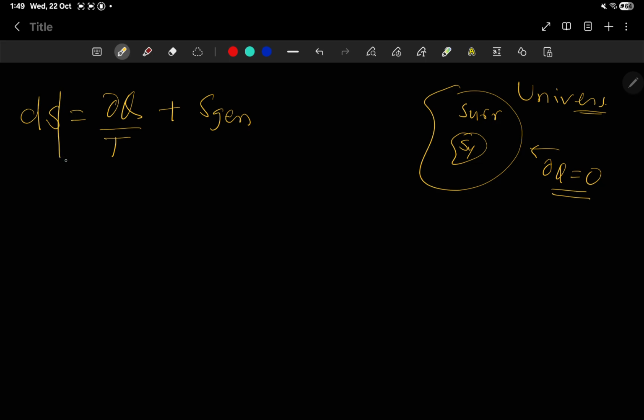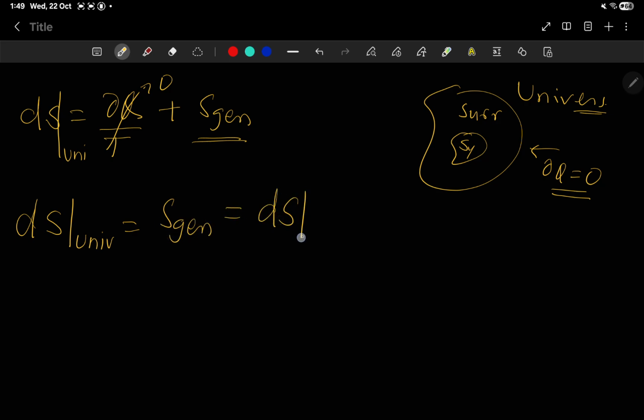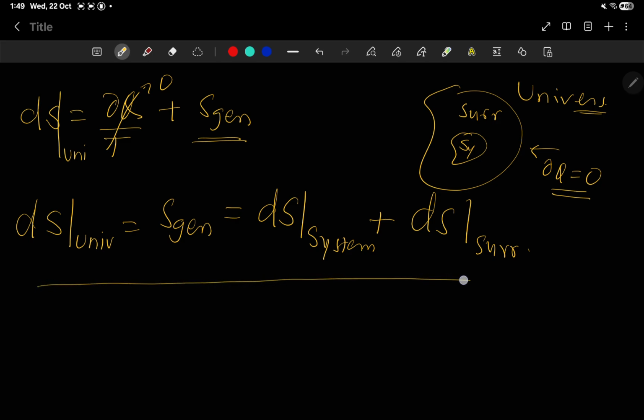Change in entropy for the universe, the heat term will be 0 and we will have only S generation. Then we can write dS of universe will be S generation, and this will be equal to dS change in entropy of system plus change in entropy of surrounding. Okay, so this is a very important concept in entropy calculation.